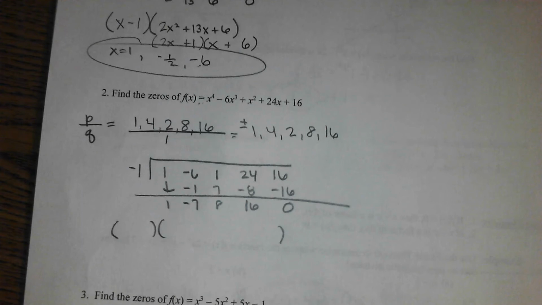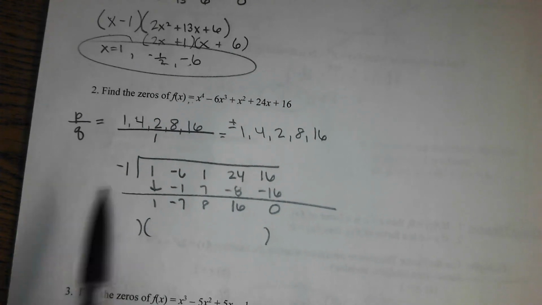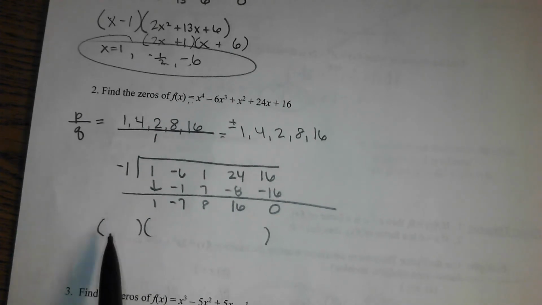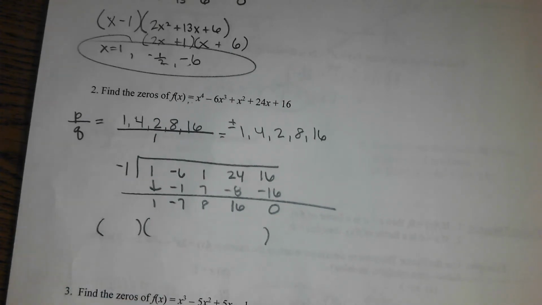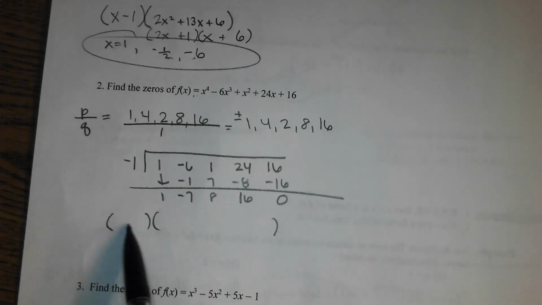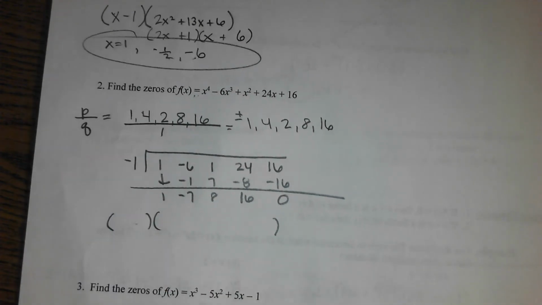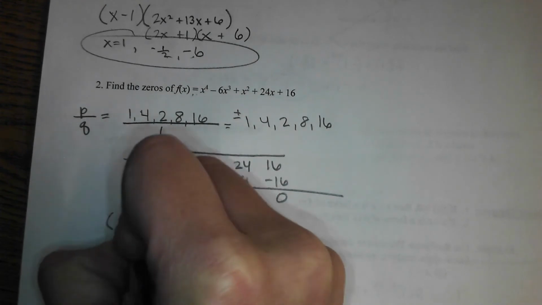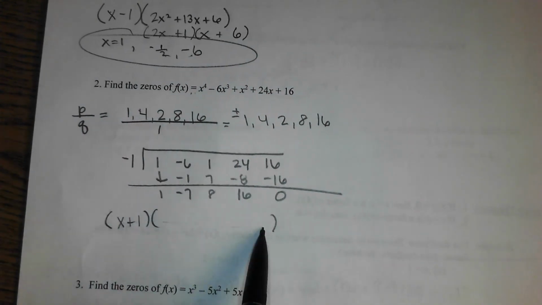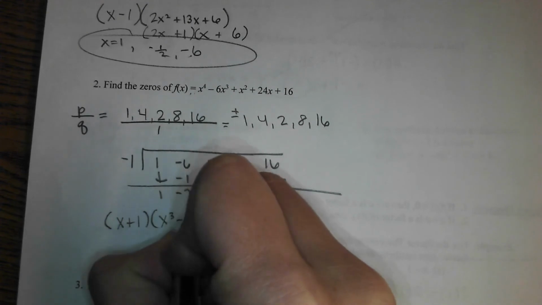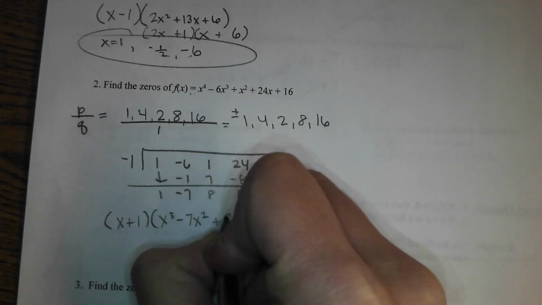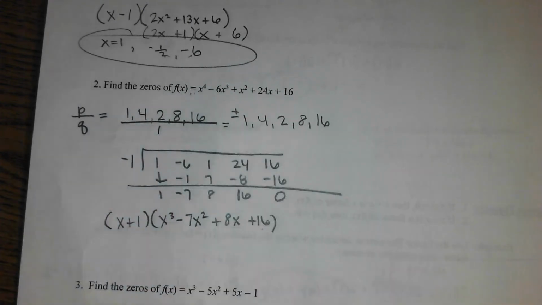And now I want you, at this point, it's always a good time to pause and write down how you've so far factored this. So what factor would I put out here that came from the -1? X plus 1. And can you give me what would be the longer polynomial? Good.